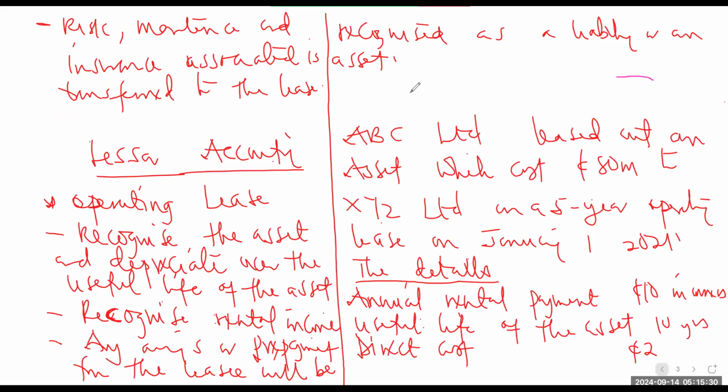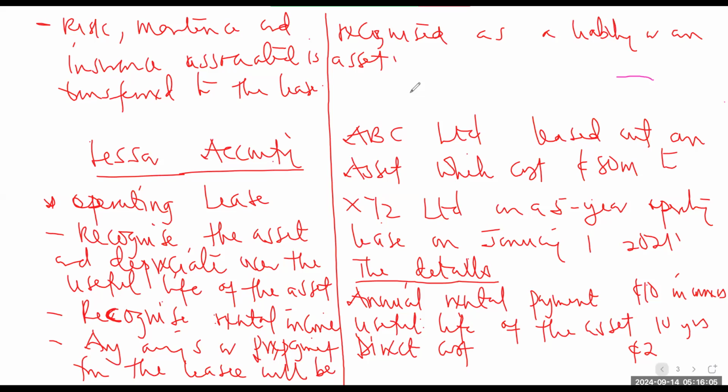But let's come to the direct cost incurred by the lessor. Why are we incurring the direct cost? The question will tell you that the direct cost has been incurred to make the asset ready for use by the lessee. It is not incurred to make the asset ready for use by ourselves.